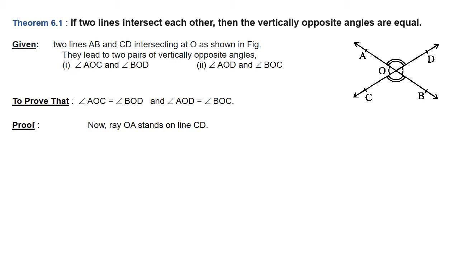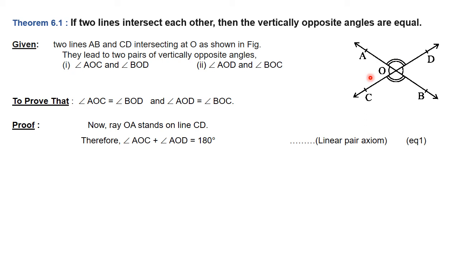Let us consider CD. Since line CD is a straight line and OA is a ray standing on it, we can say that angle AOC plus angle AOD form 180 degrees. This is from the linear pair axiom that we just did on the previous slide.